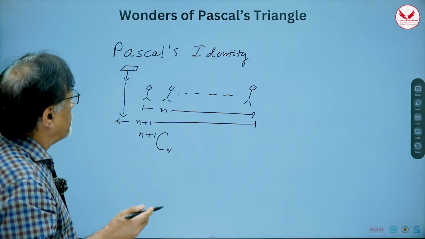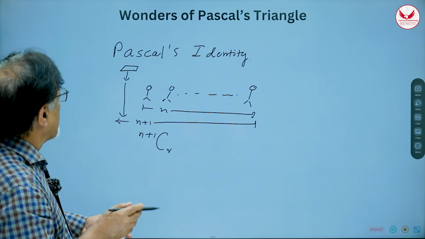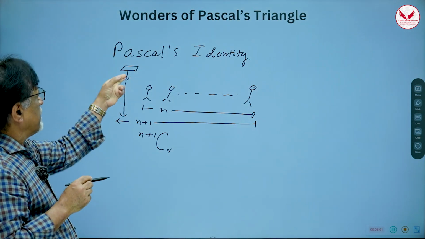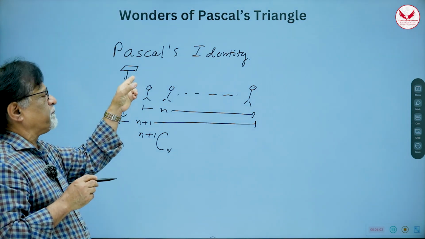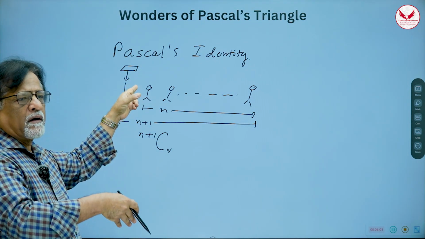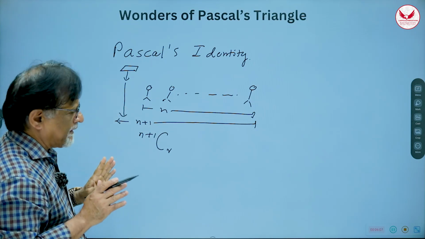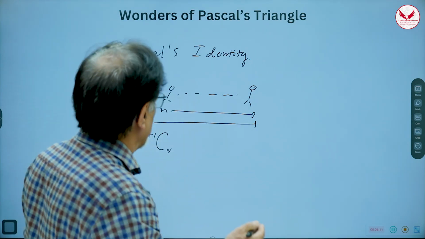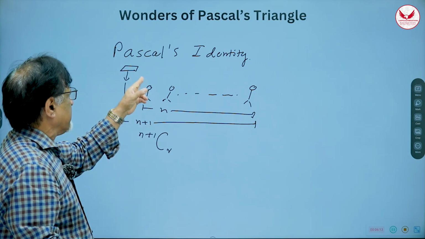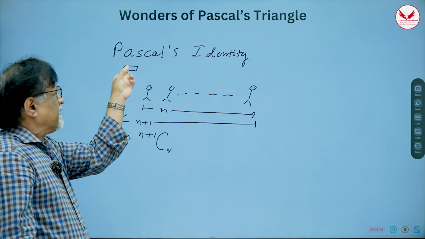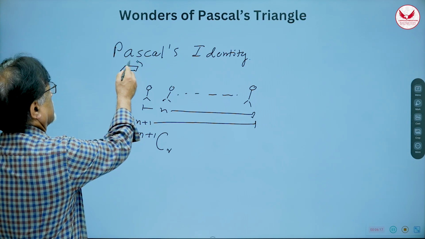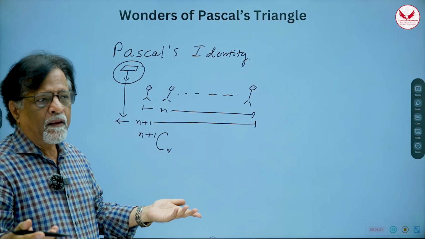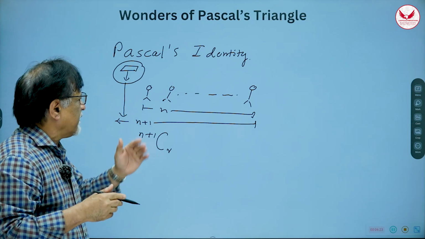Now this job of selecting r people can be done in two ways. Either you take this special person in the committee, or you don't. If I add both the options, I'll get the correct answer. It's obvious, because the job can be done either with the special person included or with the special person excluded. Together, it gives me the total answer.